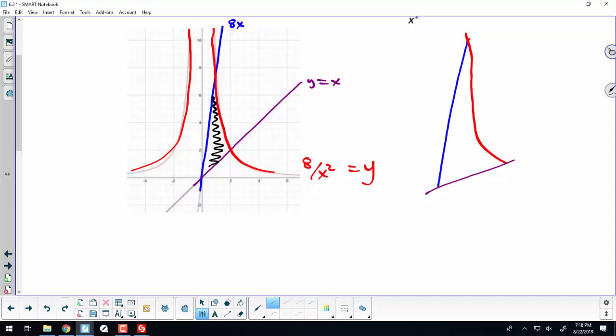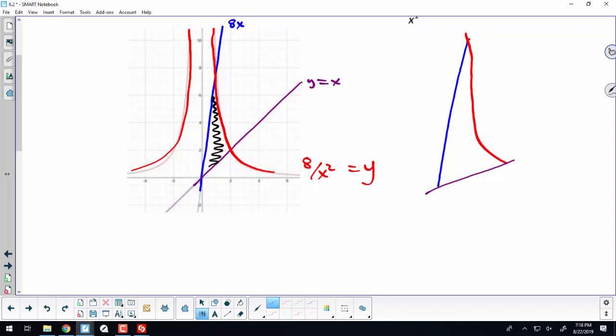So the first thing we really need to do is look at that and say, well, is it easier to integrate this with respect to x or with respect to y? What are you all thinking? X or Y. I heard both. In fact, in this example, I think it's about 50-50.